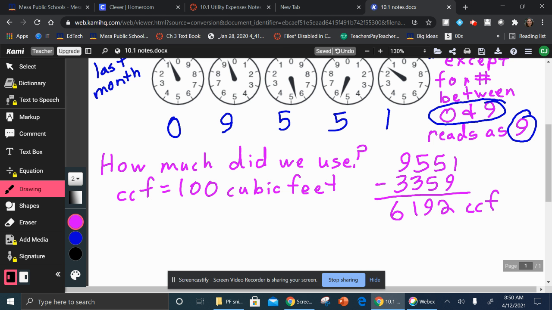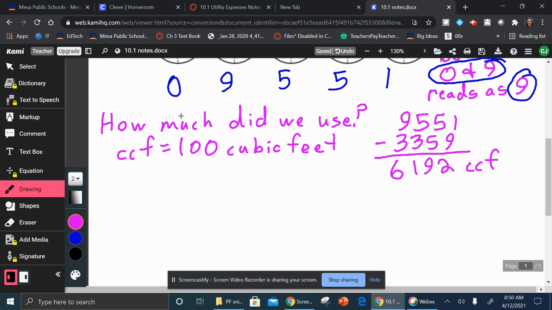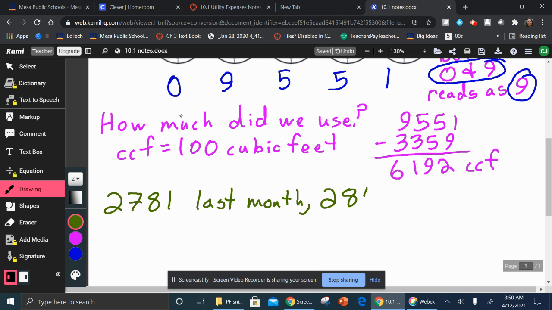Okay, so let's do another example, everybody. We used 2,781 last month, and the reading was 2,840 this month.